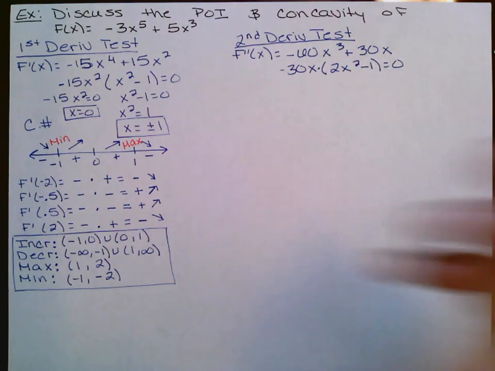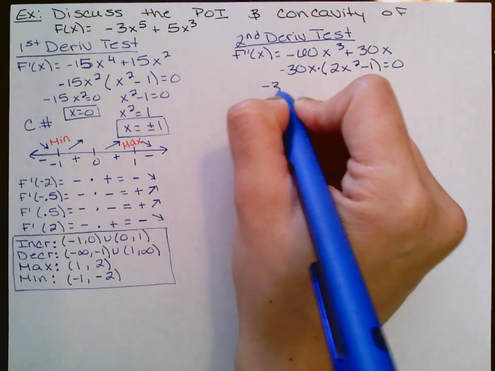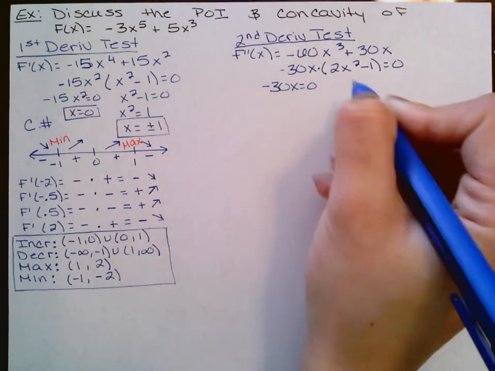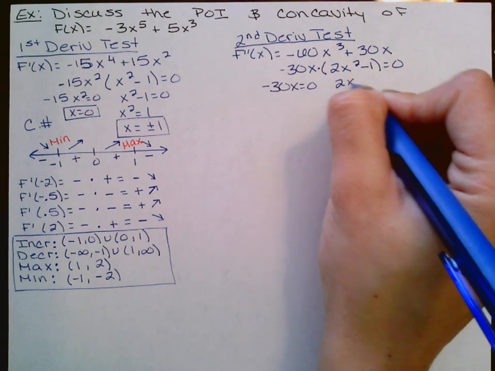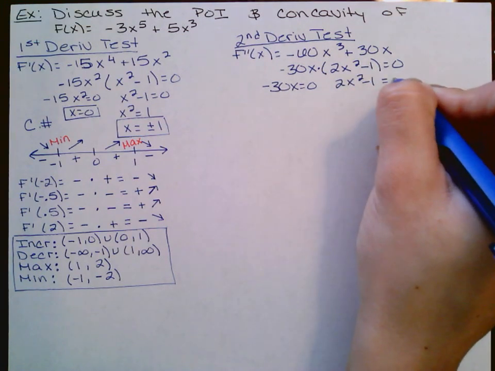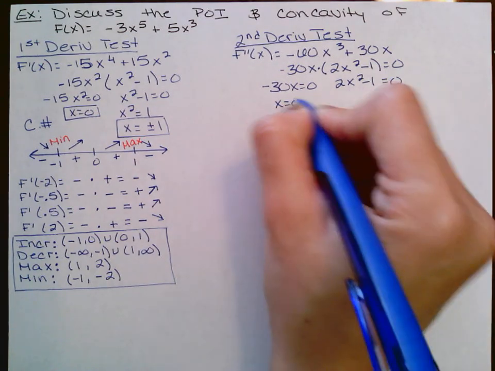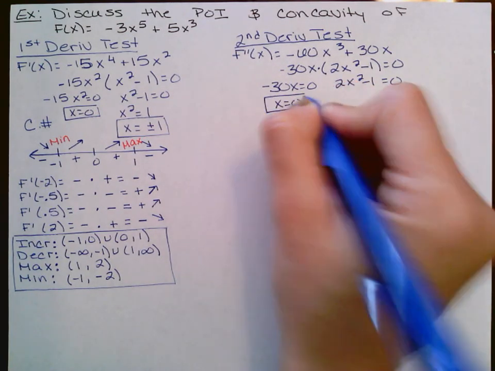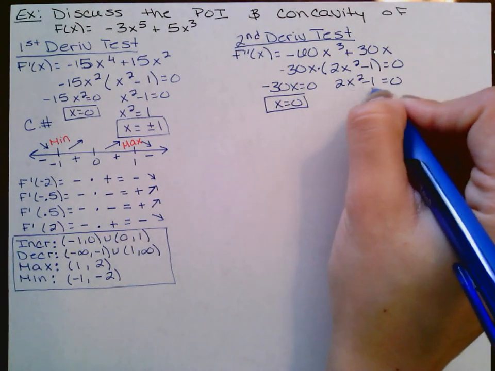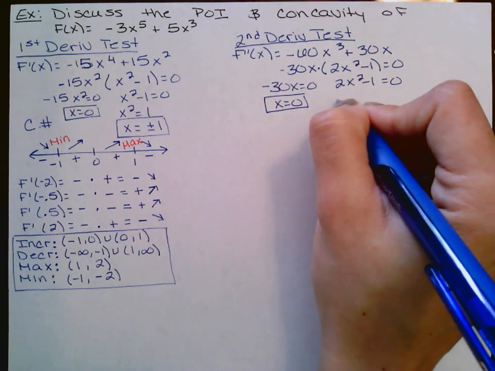Because they're separated by multiplication, I set each equal to 0. Here's one answer. And then here, I'm going to add the 1 over and divide the 2.